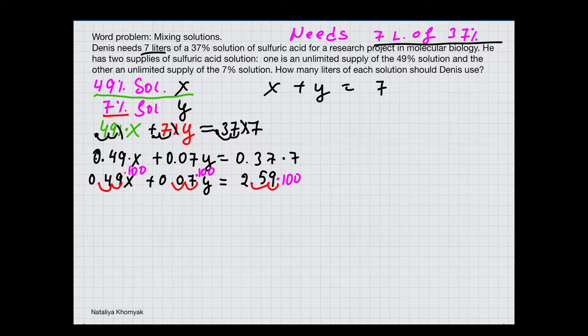So the new whole numbers are 49x plus 7y equals 259. You can work with the decimals or you can simplify your equation this way to make your life a little bit easier. So now we have a system of equations: x plus y equals 7 and the other one is 49x plus 7y equals 259.